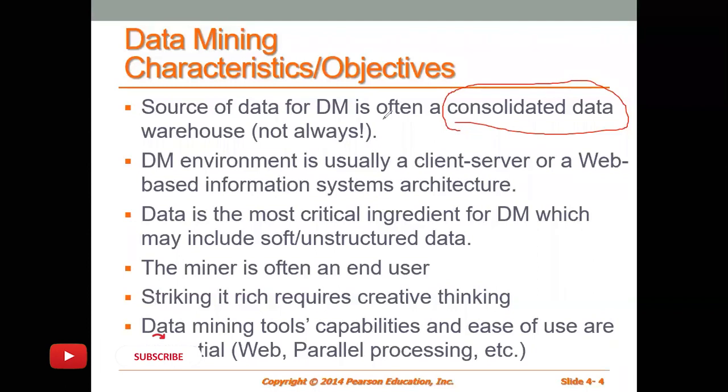So the source of data for data mining is often a consolidated warehouse, not always. Sometimes you may not have clean data. A consolidated data warehouse means cleaned data, where there are no missing values and no different formats.